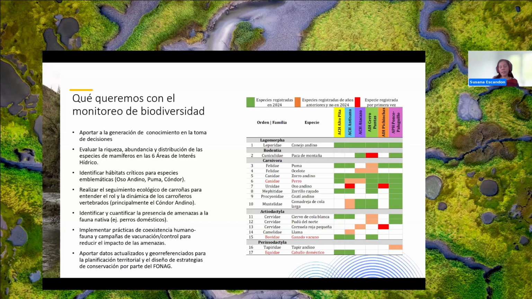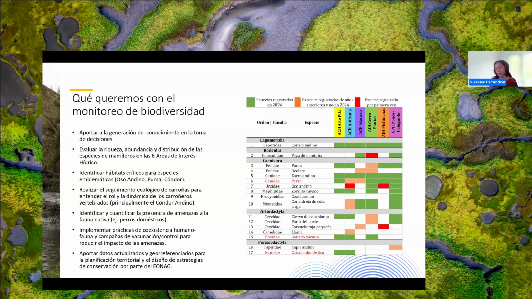Also, implementing human-wildlife coexistence practices and vaccination control campaigns to reduce the impact of threats, basically because of the threat of wild animals and the impact that this may have on people, and also the vaccination campaigns to reduce the impact of these exotic species and the threats that they may carry with them. And also support updated and georeferenced data for territorial planning and the design of conservation strategy by the FONAG.